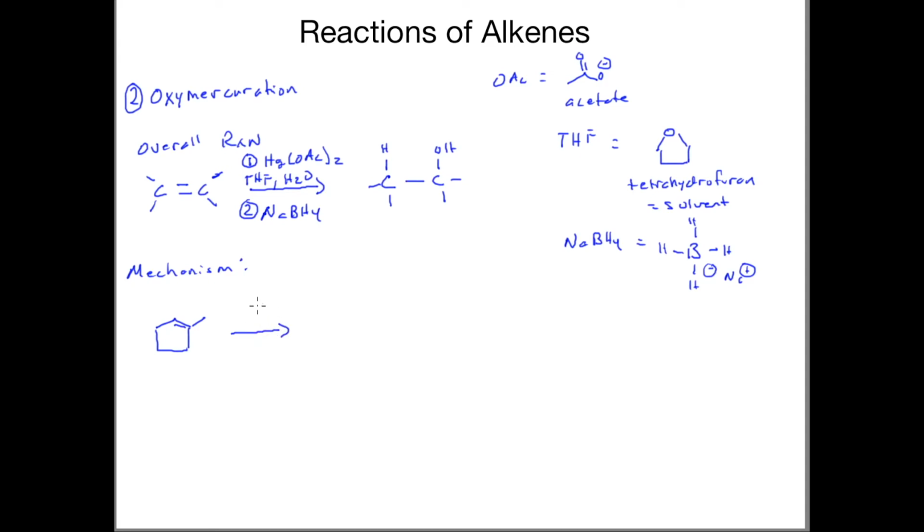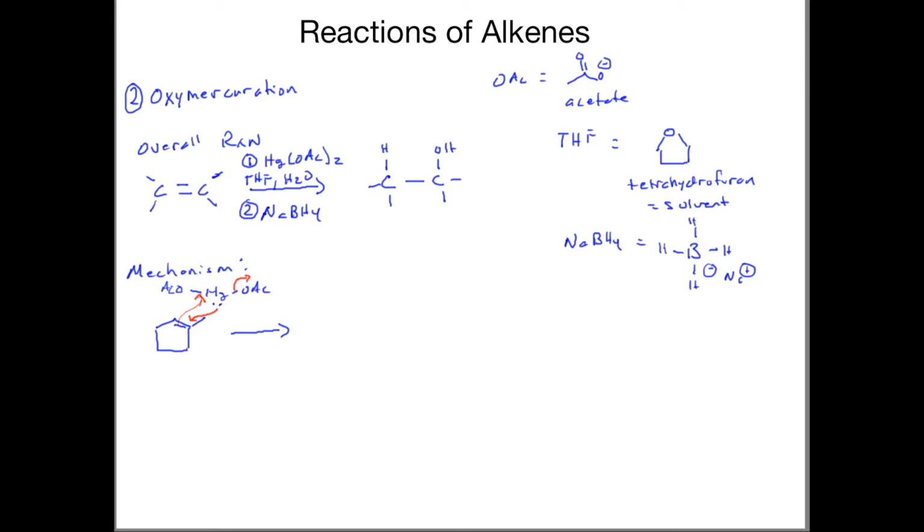So what's going to happen here is we have, of course, our mercury, and it's going to add to the double bond in such a way that the double bond attacks the mercury. This is going to kick out one of the acetate groups on the mercury. And then the lone pair is going to come in and add again to the other carbon.